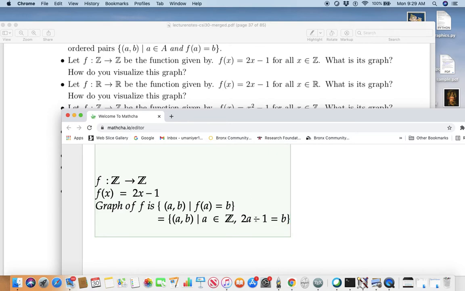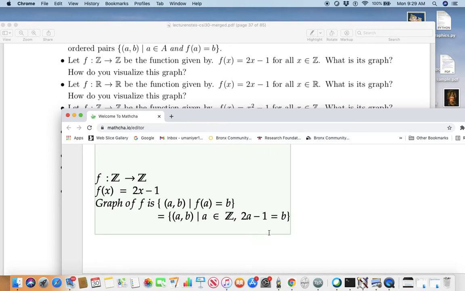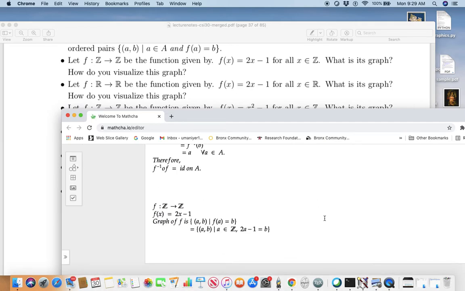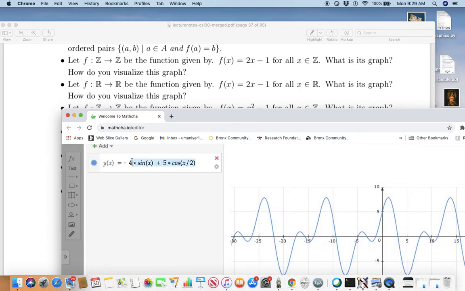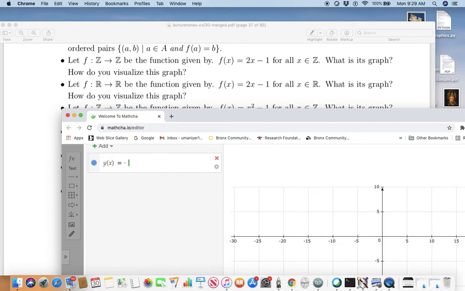Aha, this looks like a linear equation. But am I looking at all the points on my line? No. Let's look at how we visualize a linear equation. The linear equation is 2x minus 1.